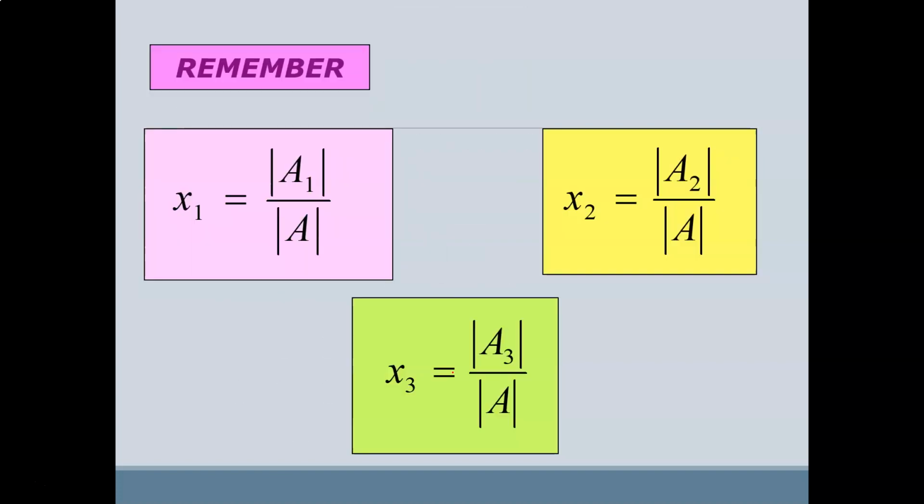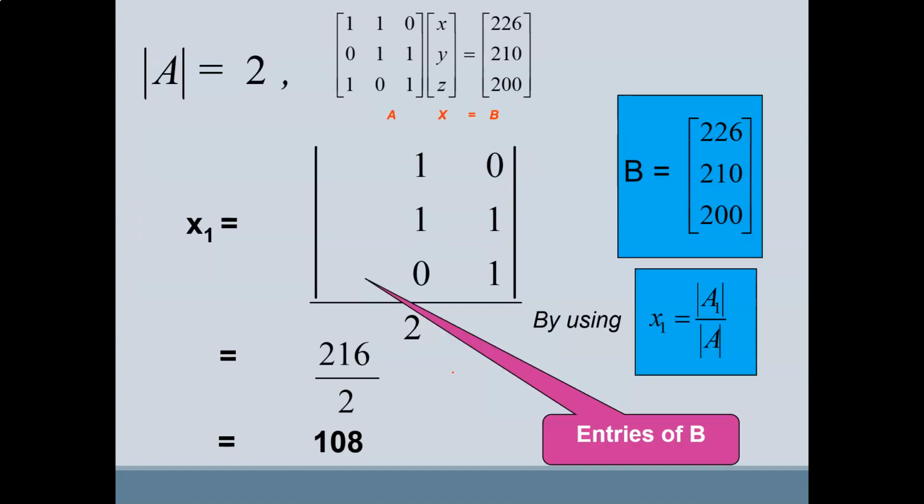Of course you need to find the determinant of A. I'm not going to elaborate more on how to determine it. In here, the determinant of A equals 2. Then you need to find X1.